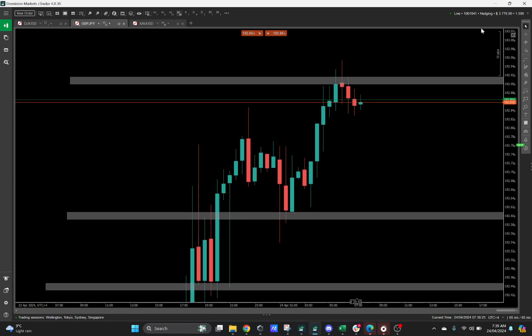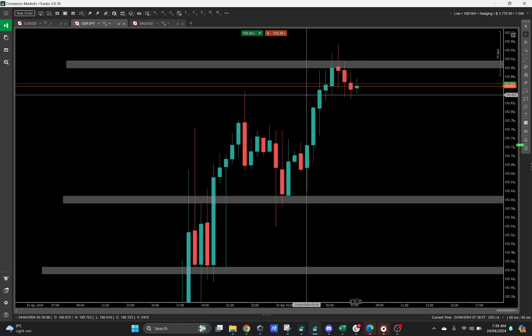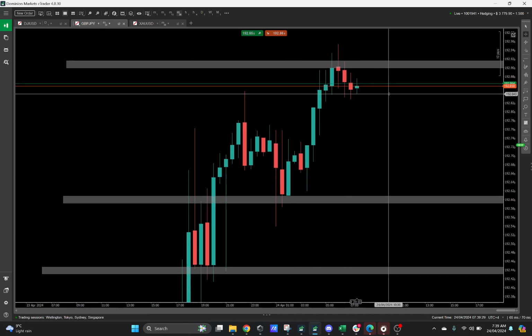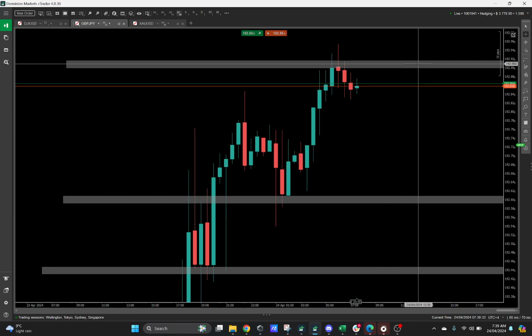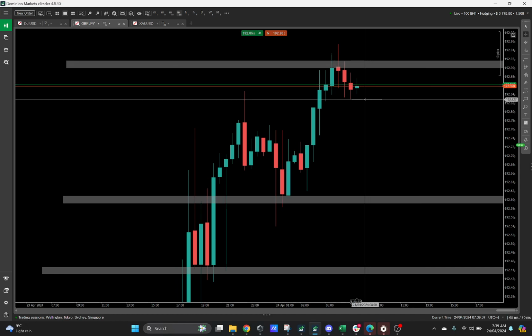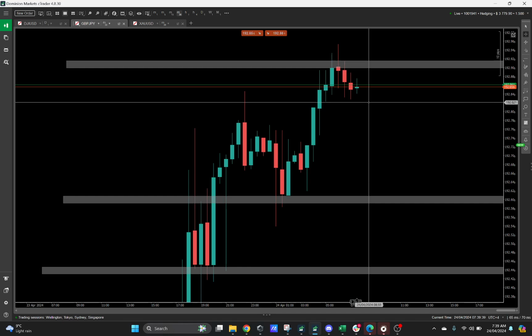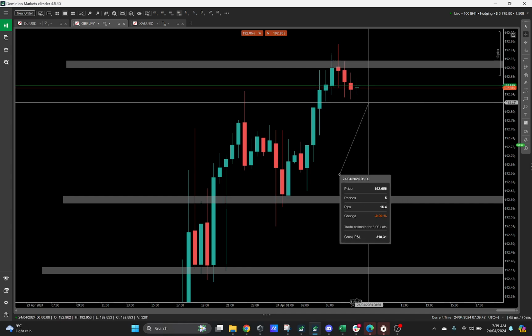Let's zoom in here a little bit. Candle bodies are smaller. And if we do create consolidation between 192.840 and 192.900, which is like 8, 9 pips, and if we break below this support, I think there's a 15 pip range.